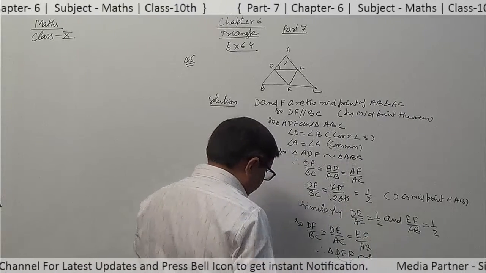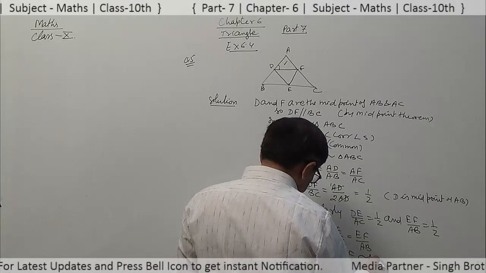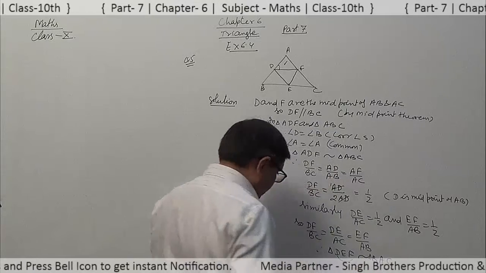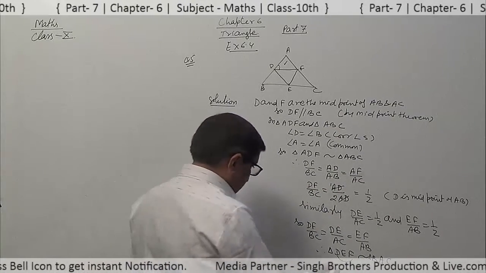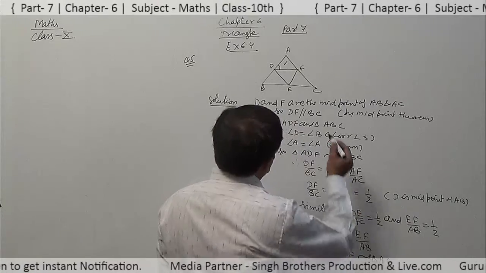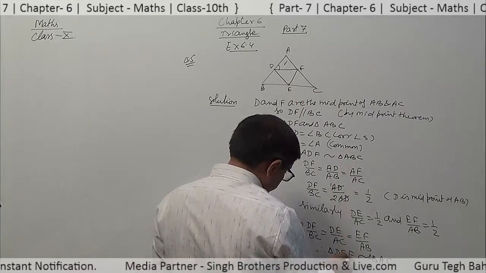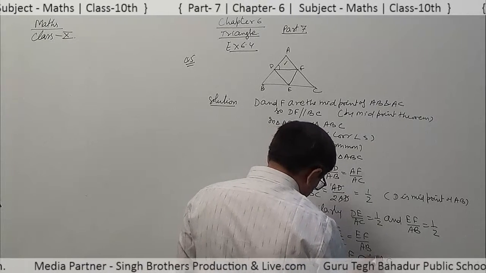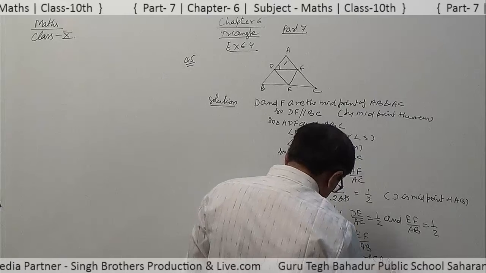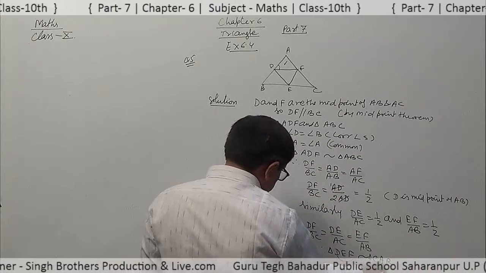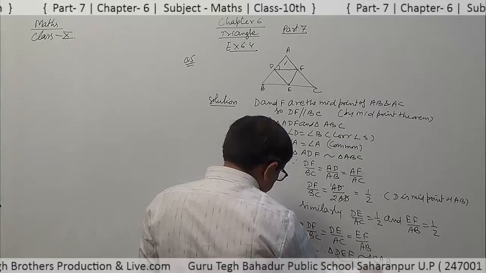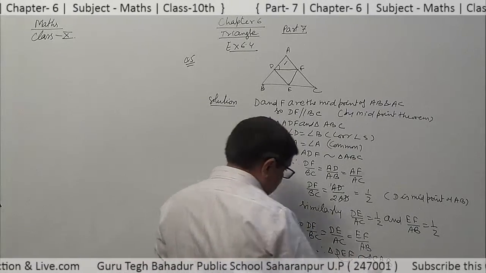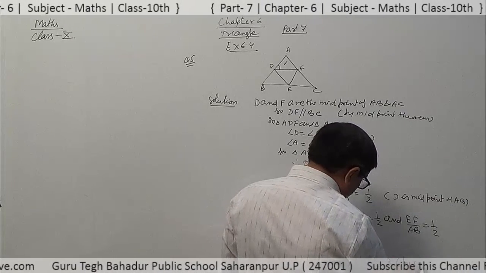Its name is written as DE upon CA, DF upon CB, EF upon AB, by SSS property.